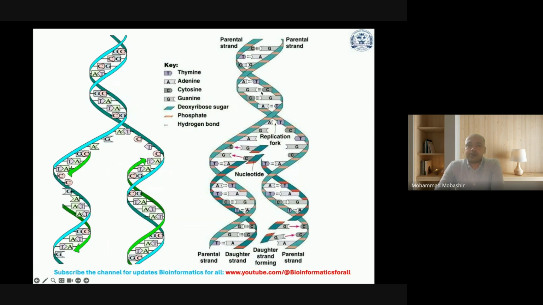They can be clearly seen here with the dashed line. And this is the same representation for the ATGC bindings. This is also showing the replication part, which I will be discussing in the next slides.